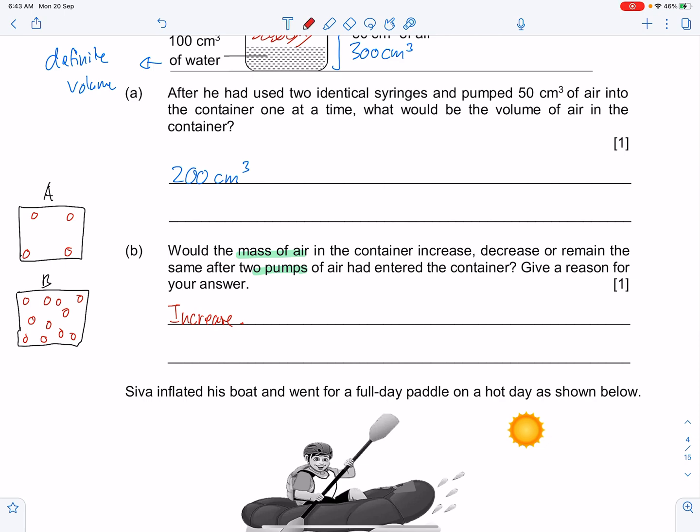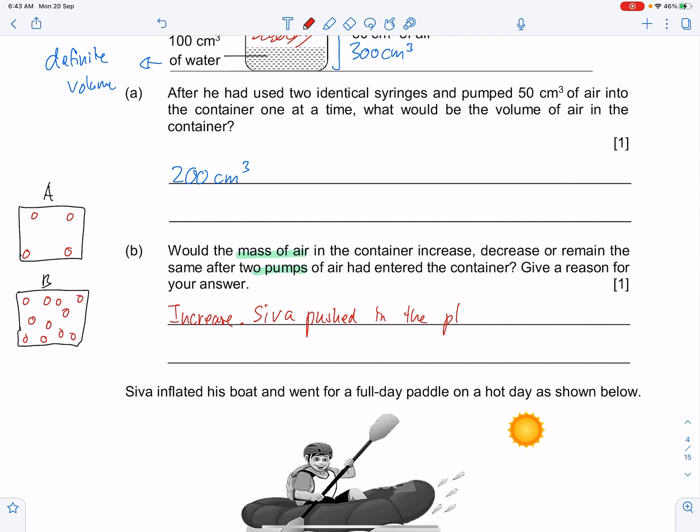Alright, so what is the reason for it? Siva has pushed in the plunger 2 more times.